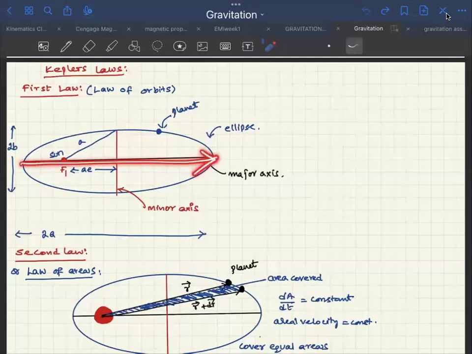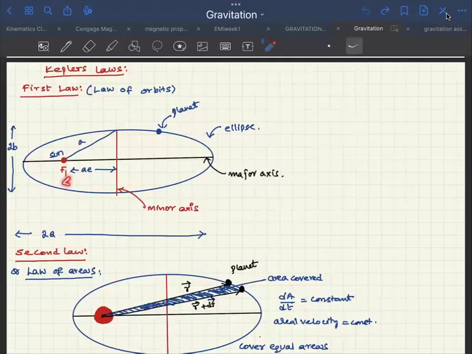This distance is called the major axis, which we call 2a. And this distance is called the minor axis, 2b. Wherever in the world, the general notation is 2a, 2b. a stands for the semi-major axis distance, and b stands for the semi-minor axis distance.